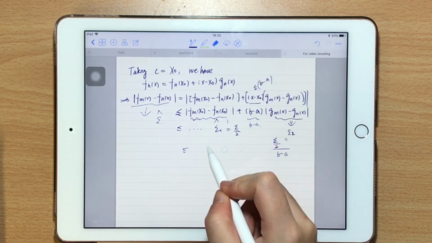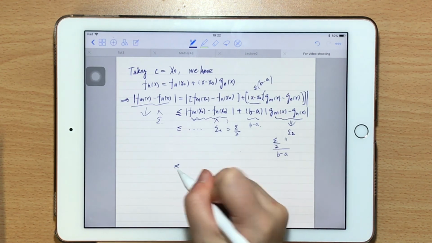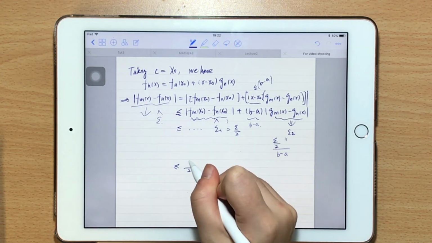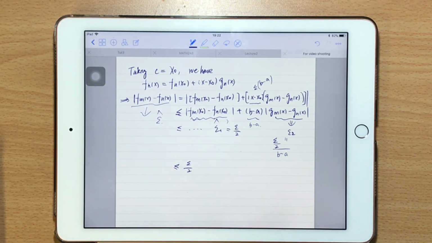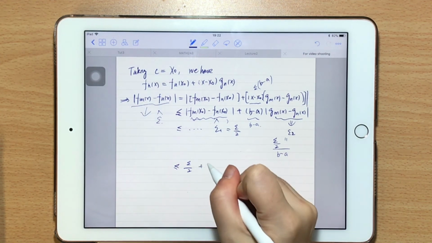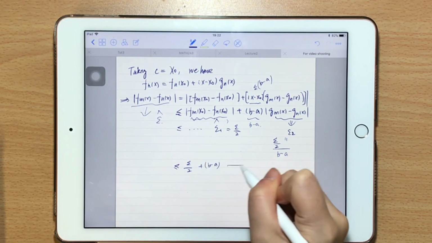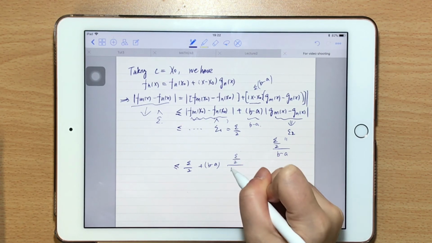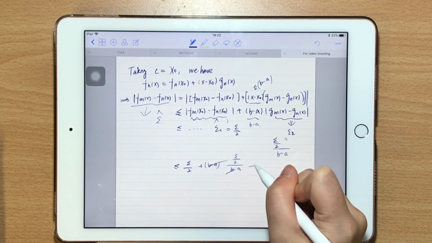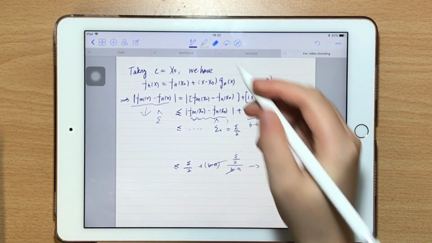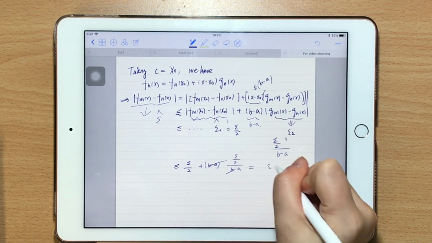So the final inequality will be epsilon over 2 plus b minus a times half of epsilon over b minus a, which equals epsilon.